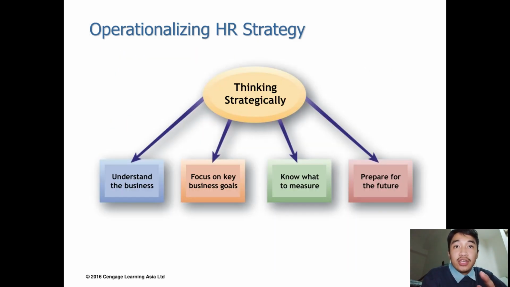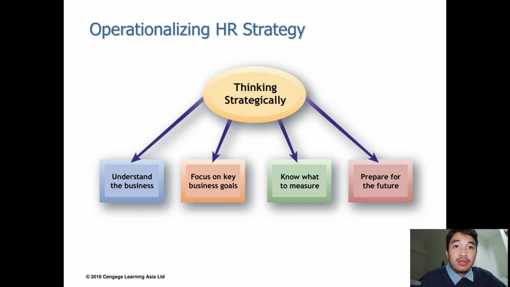Now, we have here in this diagram the operationalizing of HR strategy, which does need to think strategically. When you're running a business, you have to understand the process of making money, and you should be focusing on the key business goals such as KPIs, key performance indicators, quotas, targets, and know what to measure, meaning how many sales.